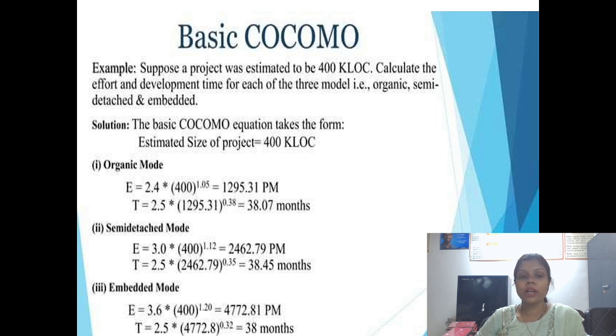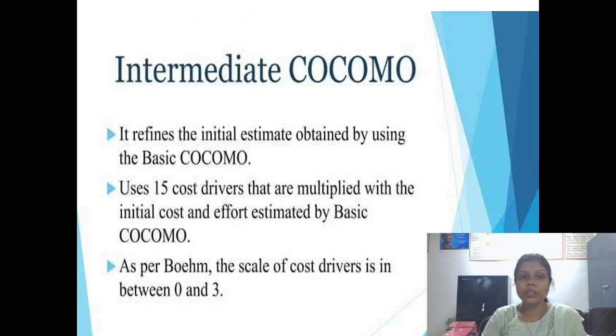Here we calculate the effort as 1295.31 person-months, and we put this effort into the time of development. Time of development means 2.5 into effort, 1295.31, to the power 0.38, which is 38.007 months. Okay, semi-detached and embedded modes will also be calculated the same way. So here is the example for this.